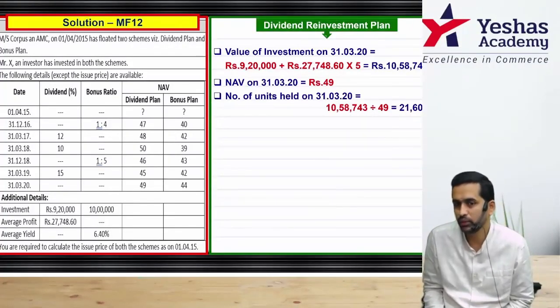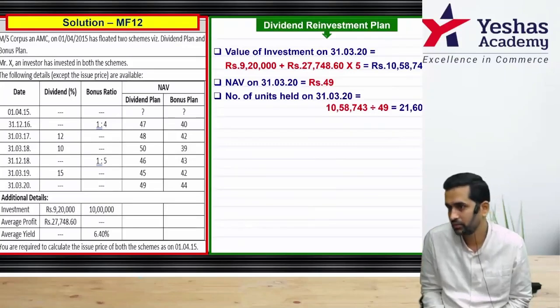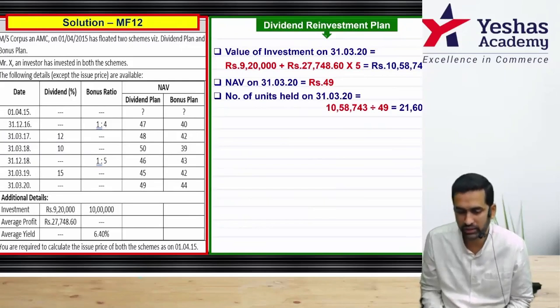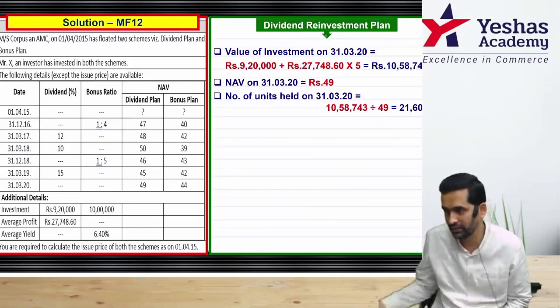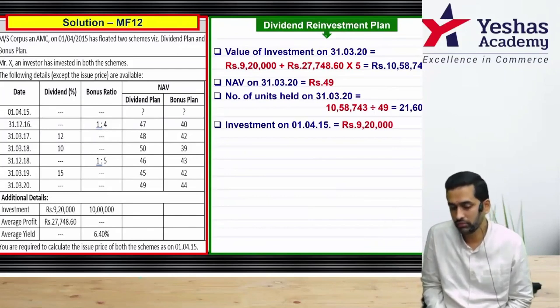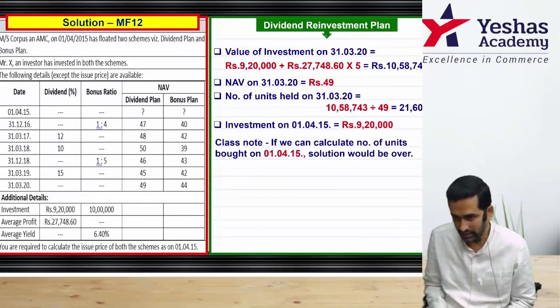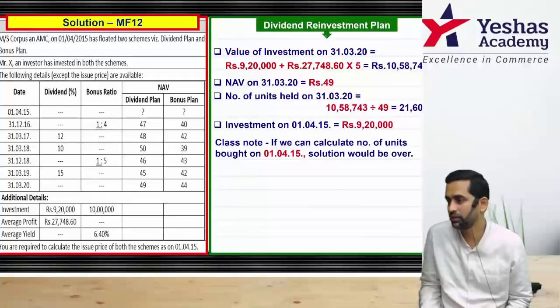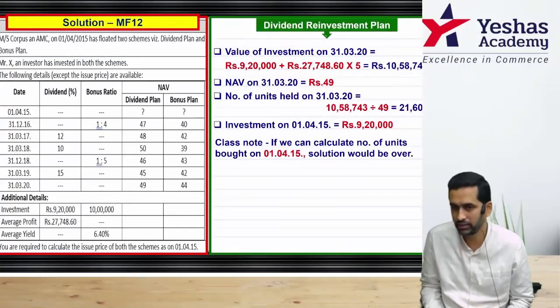Question is how many units he purchased, or how much was the NAV at entry date. This is your exit date, correct? Both 49 and 21607 is exit day, but they want entry day data. There is a small class note. First understand this and then you see whether this is to be written. My suggestion, it should be written.